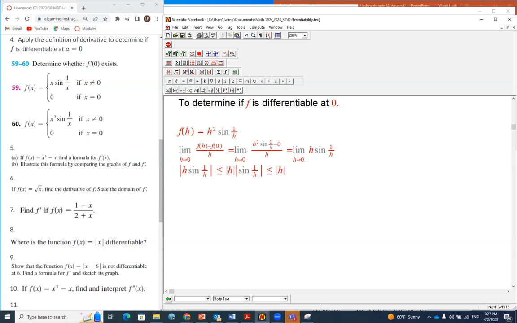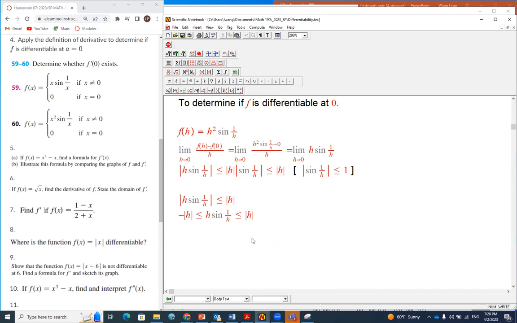By anything, we mean anything. So we know that h times sine of 1 over h is between negative absolute value of h and absolute value of h.